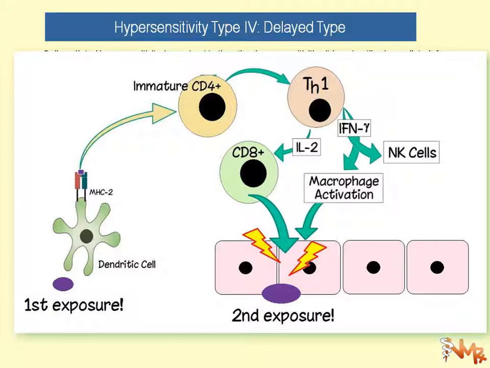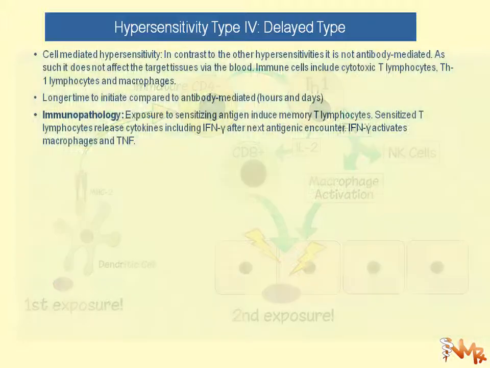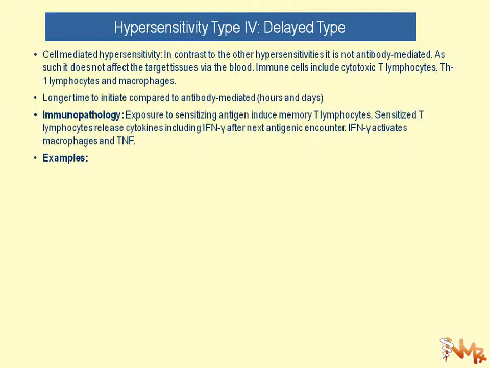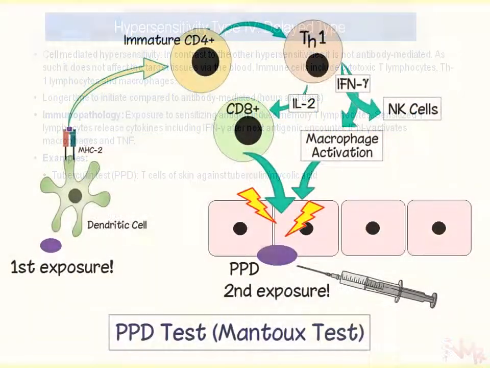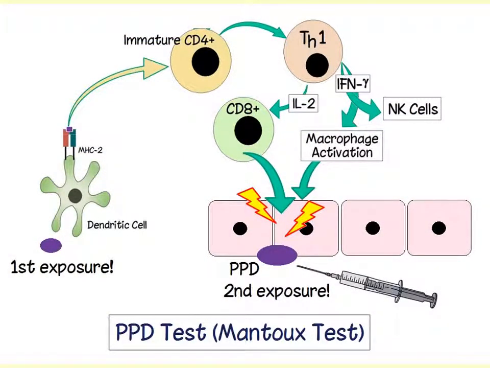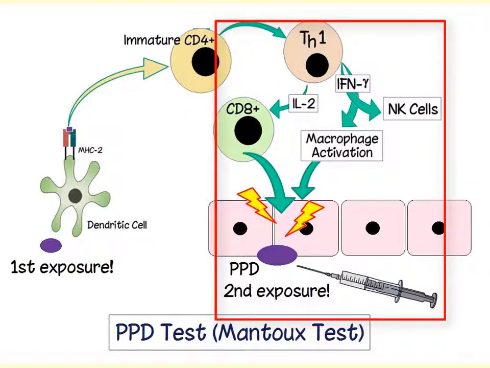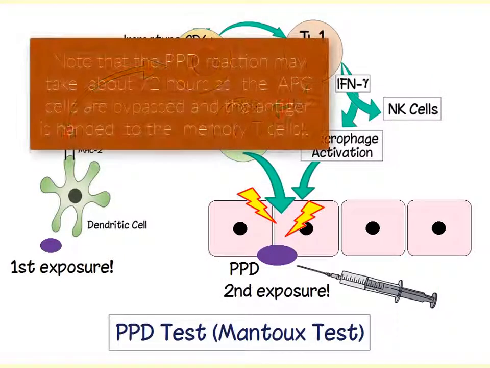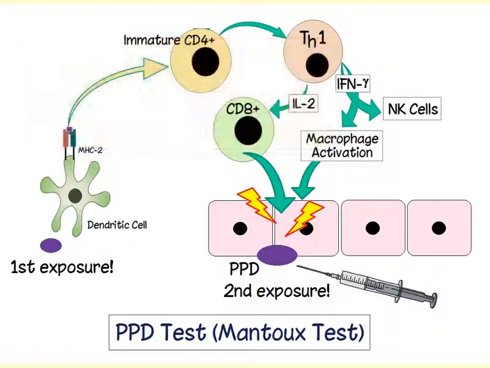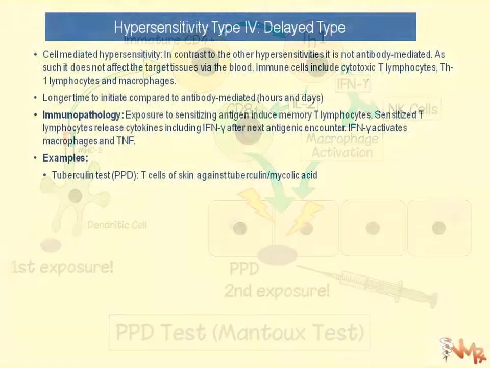Interferon gamma activates macrophages and causes production of tumor necrosis factor. Examples of delayed type hypersensitivity include the tuberculin test. With this test, the T cells that reside in the skin react against the tuberculin, which is more specifically a derivative of the mycolic acid of the bacilli.